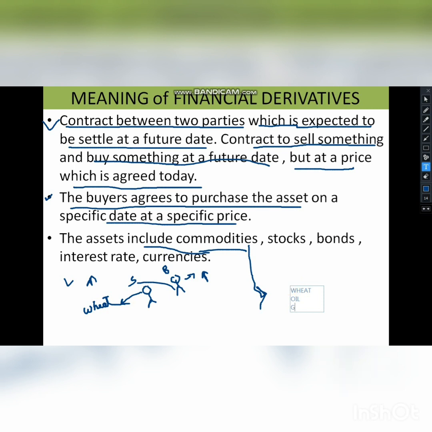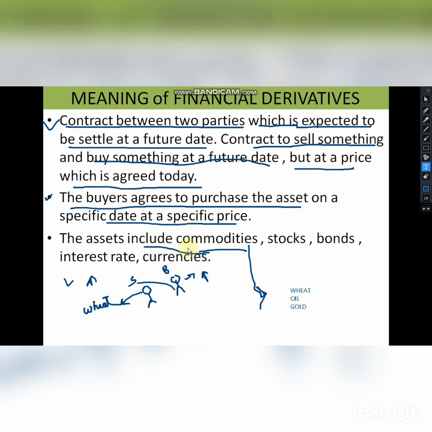Definitely the commodity could be gold. Also stocks, bonds, interest rate, and currency. Don't get confused by these terms, interest rate. Why is there an involvement of interest rate, or why is there an involvement of currencies?